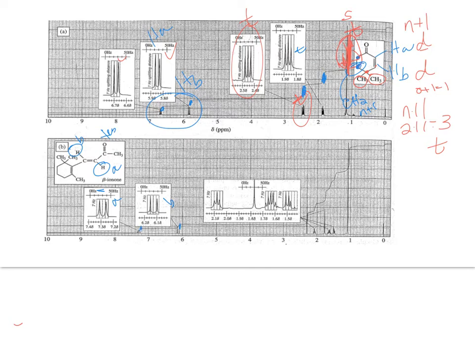Okay, the next one we have is, I would say, the most downfield shift here. You see it's a singlet. It is likely this one here because of the polar carbonyl.